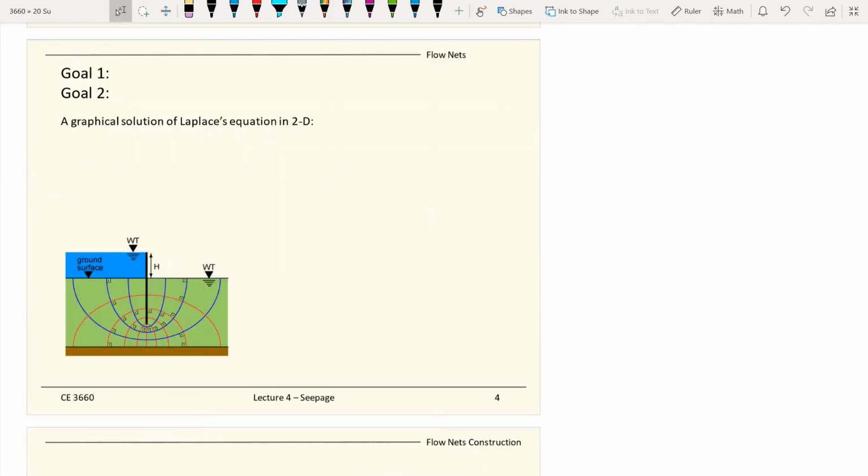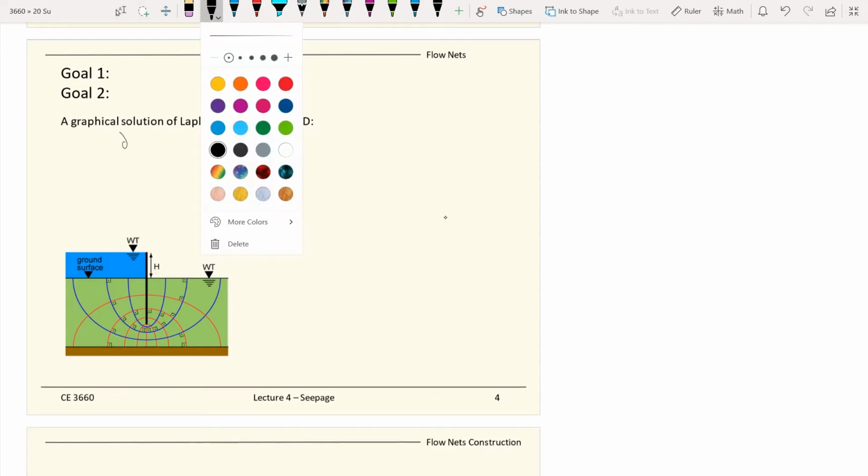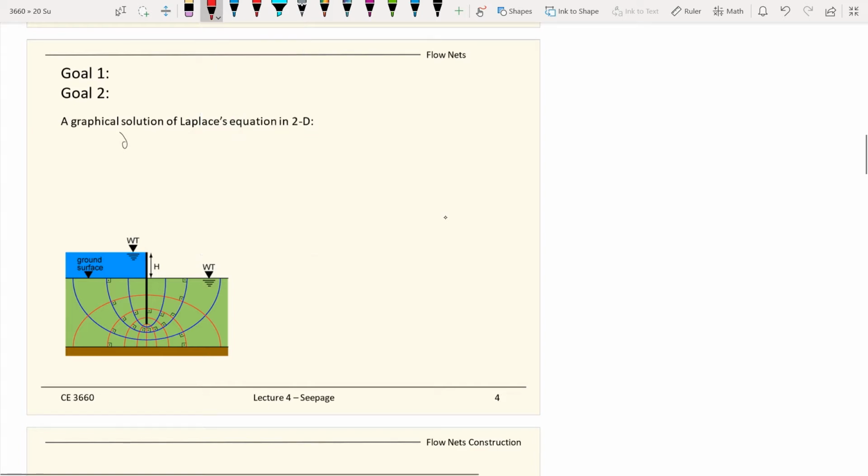Okay, the Laplace equation can be rewritten into a format for solving for the heads. Because remember, all the heads are what we want to solve for in the 2D seepage problems.